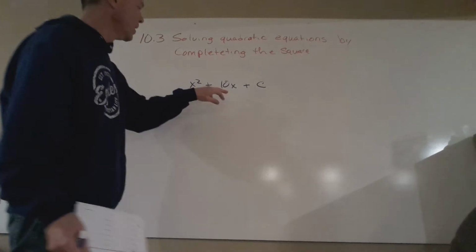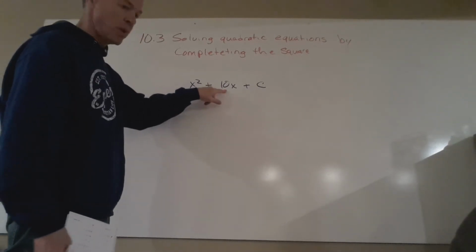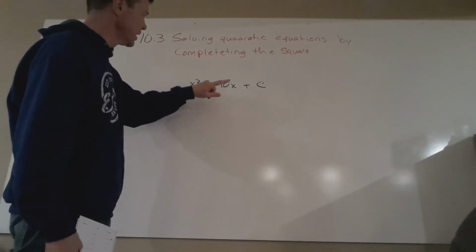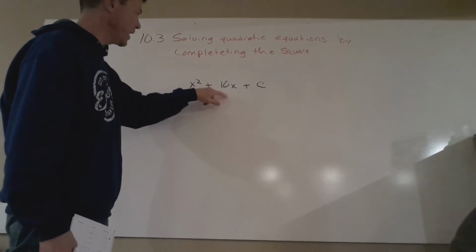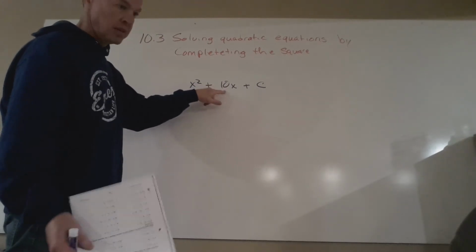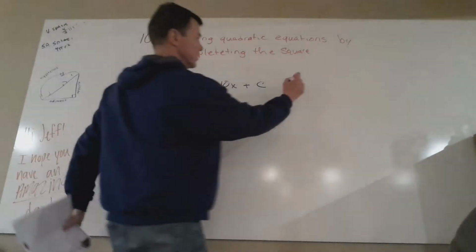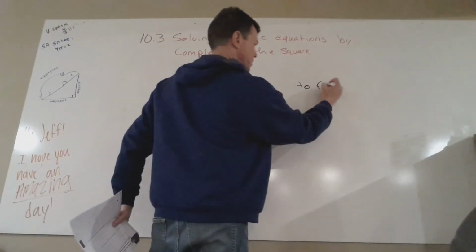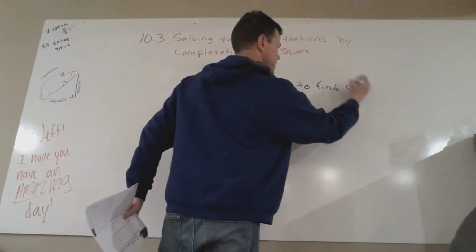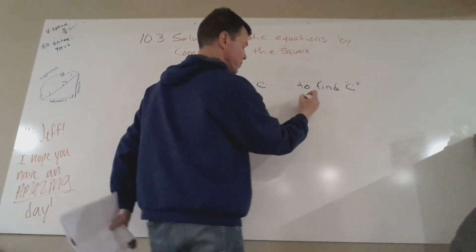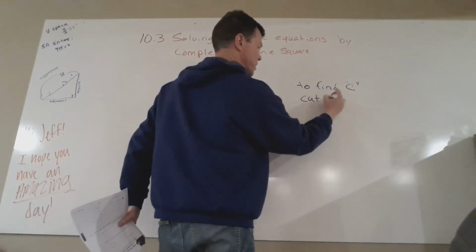Well, if you remember, all you need to do is take the middle number. This is a very simple process. Take the middle number, cut it in half. To find c, cut the middle number in half.